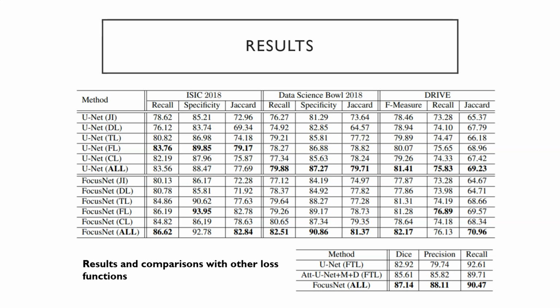The nuclei segmentation dataset exhibits more class imbalance, and in such a case, our loss shows significantly superior performance compared to all other losses. FocusNet with just the Dice loss suffers from poor convergence and does not get competitive results on this dataset. We do not compare the DRIVE dataset by the area under the receiver operating characteristic curve or the accuracy, as these metrics are fairly saturated for this dataset, and do not offer any statistically significant insights.